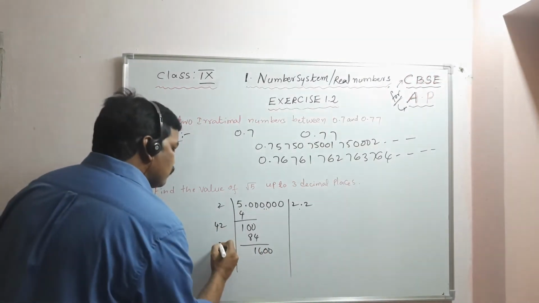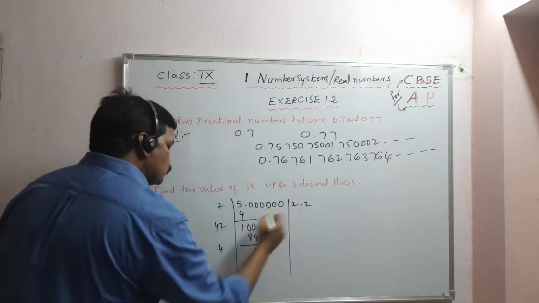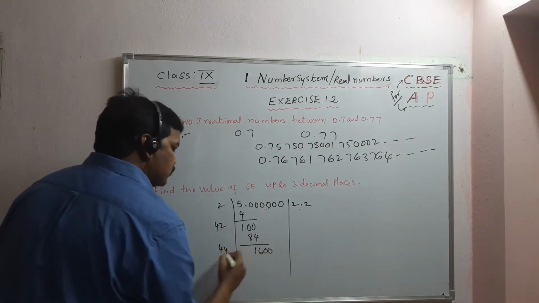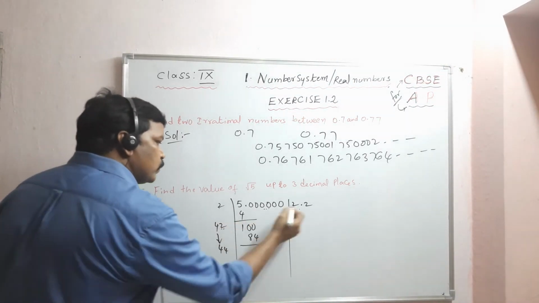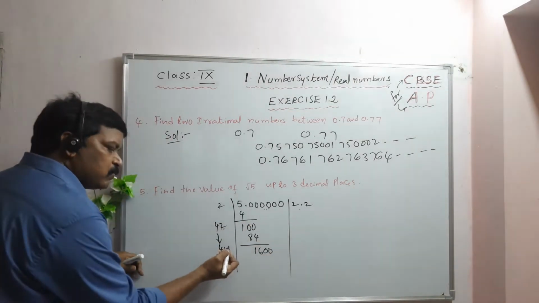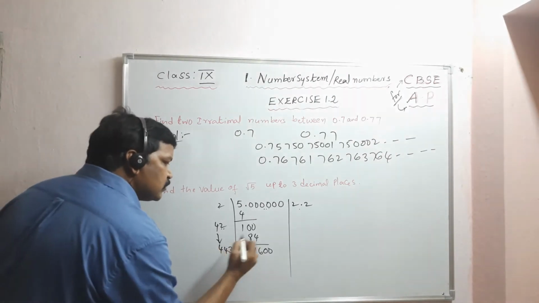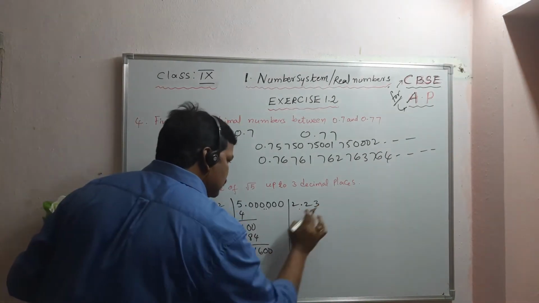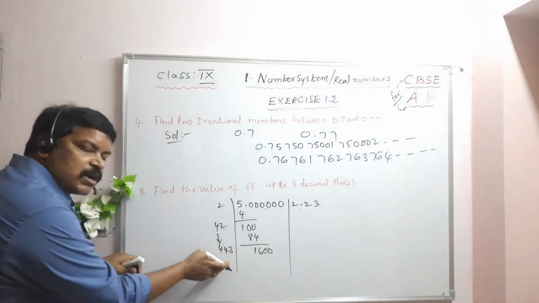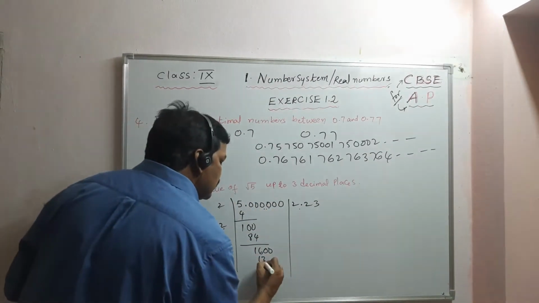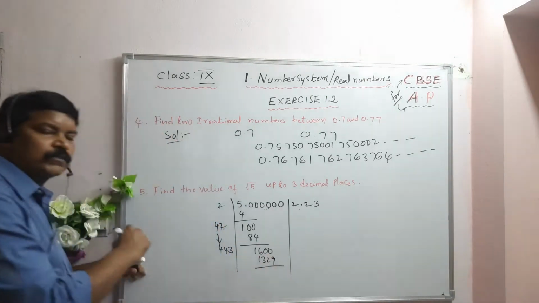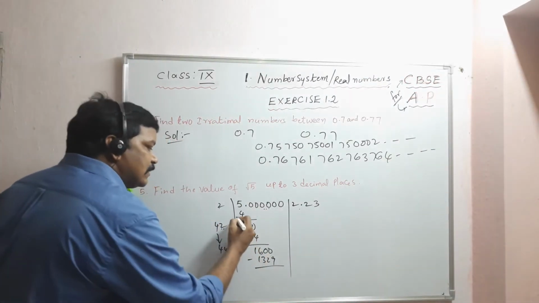Now 2 plus 2 is 4. Just drop this 4 here again. 2 plus 2 is 4. 4, 4. Now 443 into 3. You should multiply with the same number here. 443 into 3, that is 1329.